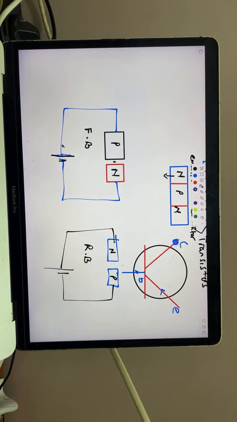So imagine current wants to flow here now. So current is going. As the current is going in this place, let's say it enters this p, you can notice that if this space is too wide, then current will not be able to make it properly into this place so that it can continue the movement. So now let's see what is the effect of this forward bias and reverse bias.